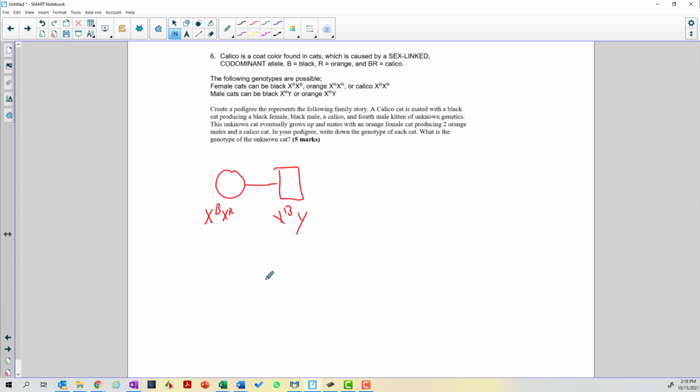And so they have children. So they produce a black female, that's two of these. They produce a calico male, a black male. They produce a calico. It doesn't say male or female, but you can only have a calico female.